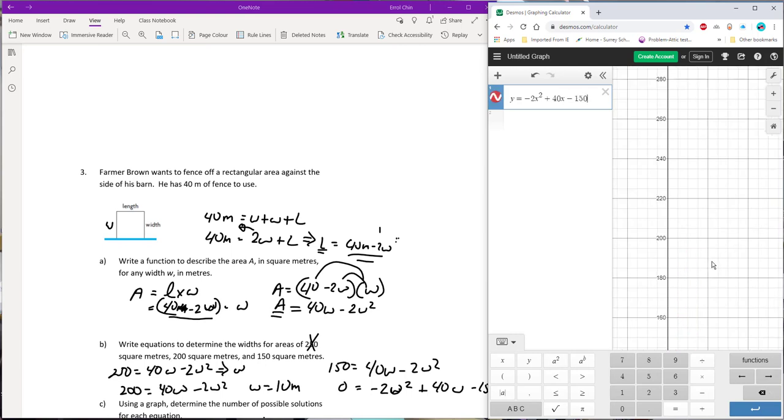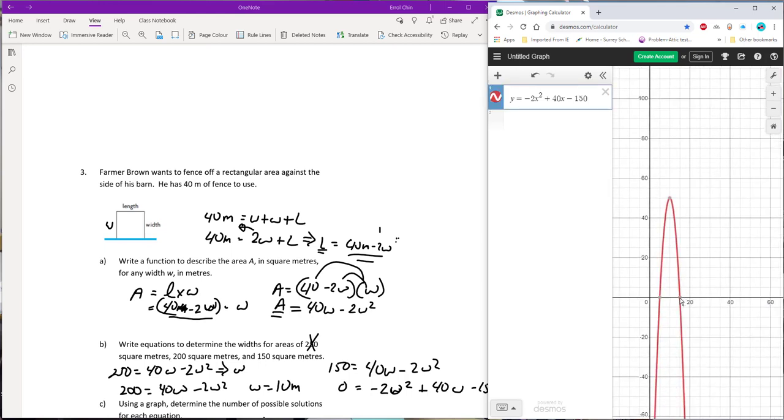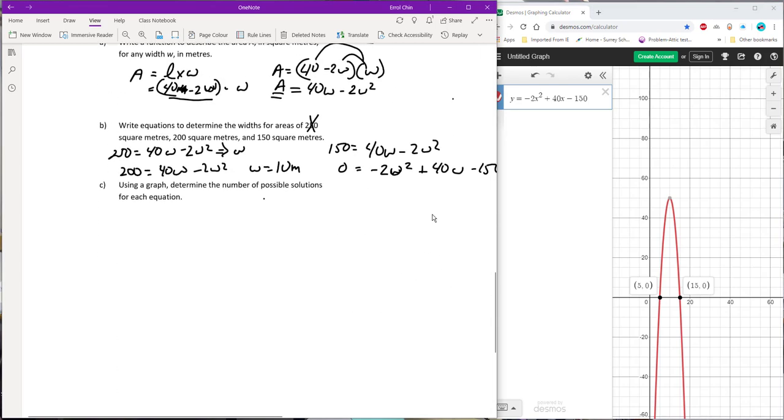Okay, so now what we're doing is, instead of finding the intersecting points, we're trying to find the zeros. So W is going to be 15, or W is going to be 5. In fact, there's actually two answers in this case.